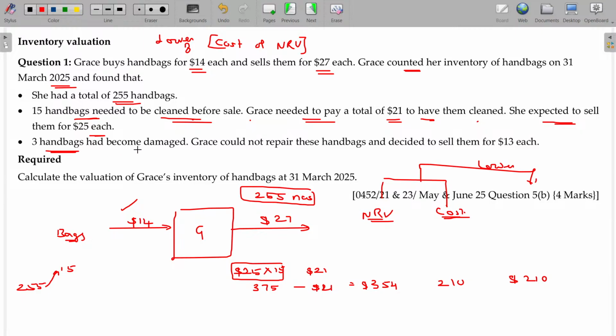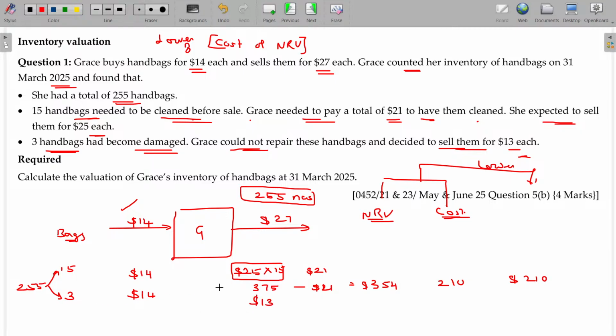3 handbags had become damaged. Grace could not repair these handbags and decided to sell them for 13 each. Another 3. Though the cost per bag is 14, it can be saleable only for 13 each.